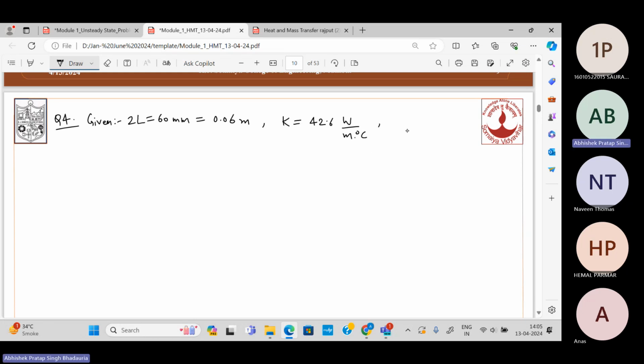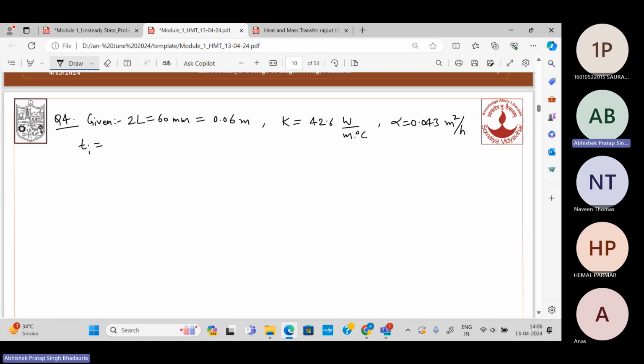Thermal diffusivity is also given, it is 0.043 meter square per hour.